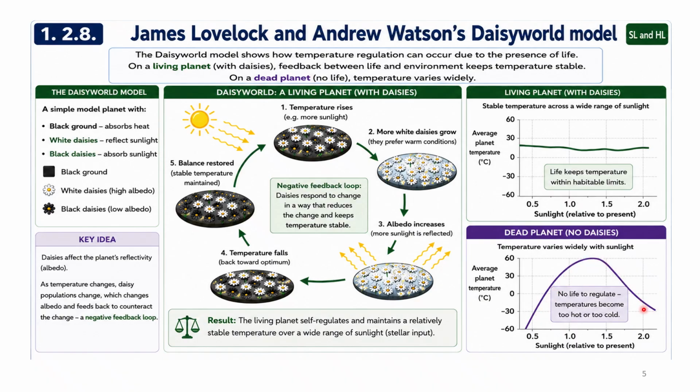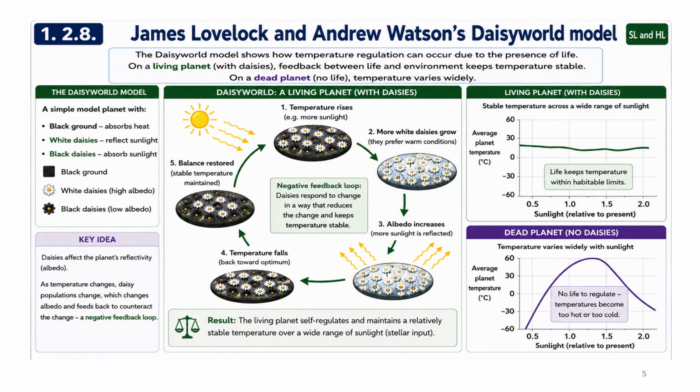The key message is that interactions between living organisms and the physical environment can create self-regulating systems. A real-world example is Earth's forests, which absorb atmospheric carbon dioxide through photosynthesis, helping moderate climate change. The Daisy World model therefore provides a simple but powerful illustration of ecosystem resilience and the principles underlying the Gaia hypothesis.